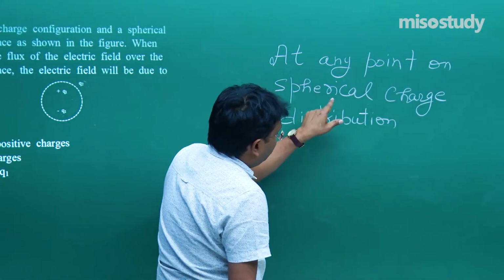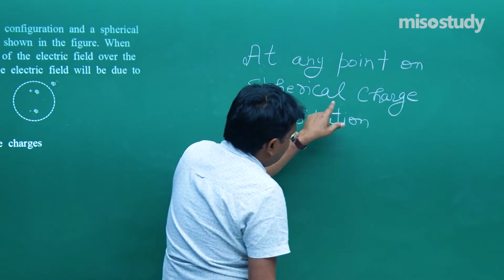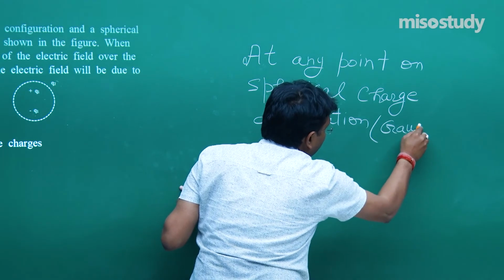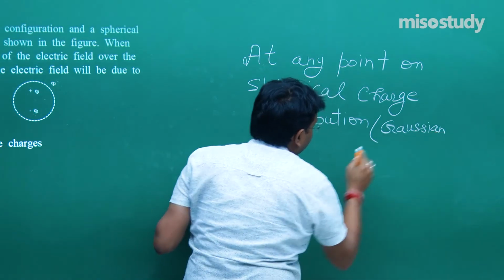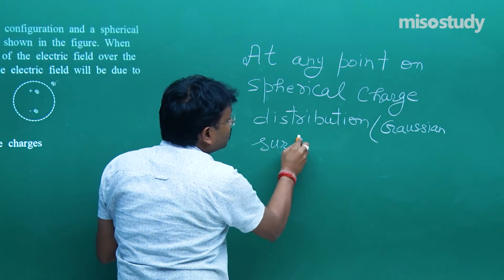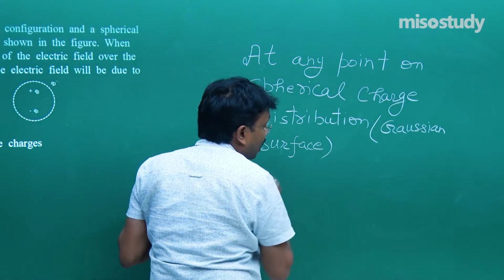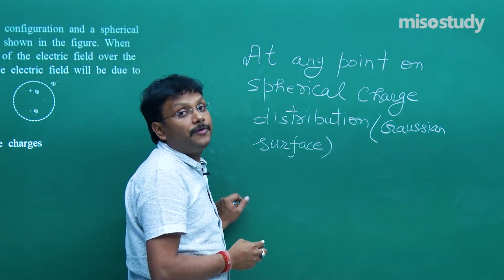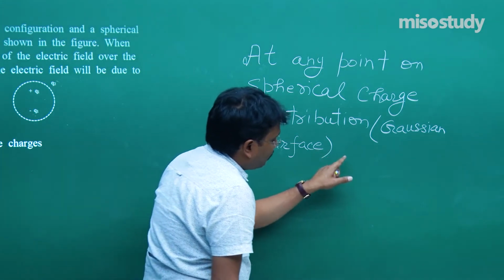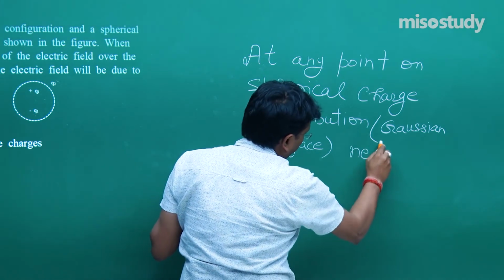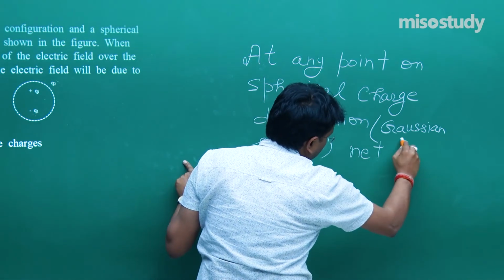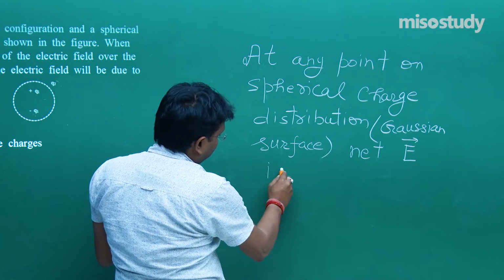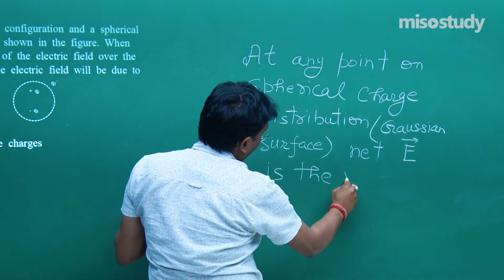At any point on a spherical charge distribution, better Gaussian surface, Gaussian. And if anyone is feeling this solution slightly difficult, my humble request, my honest request to all those students, please revise the Gauss law video. Fine. Gaussian surface, net electric field, rather than writing that long sentence, I am simply mentioning the term, is the vector sum.